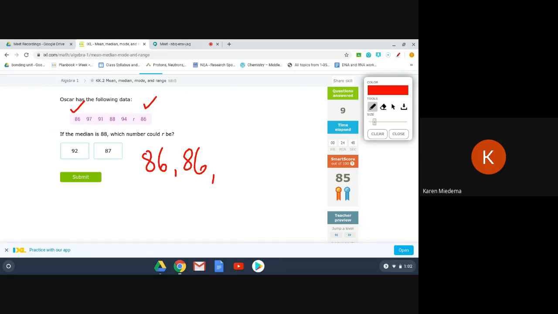I have a 88. I have a 91, 94, and 97. Now that's the actual list with all the numbers. But I would also need to include R somewhere. So I don't know where R goes right now.